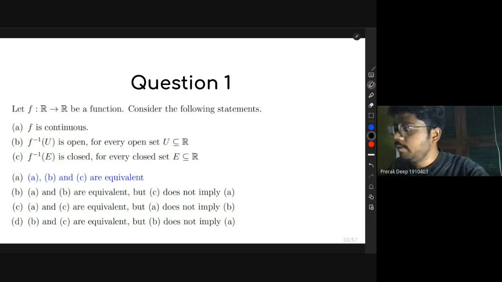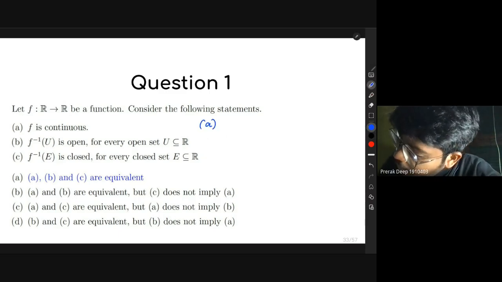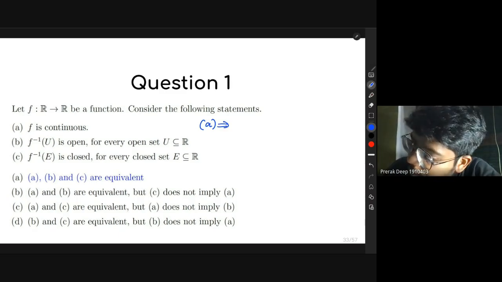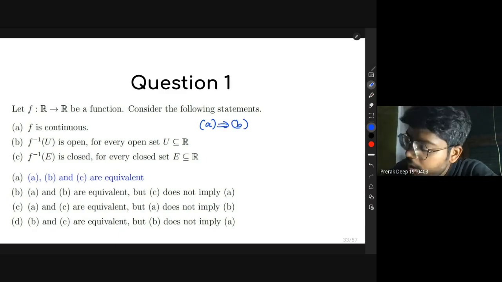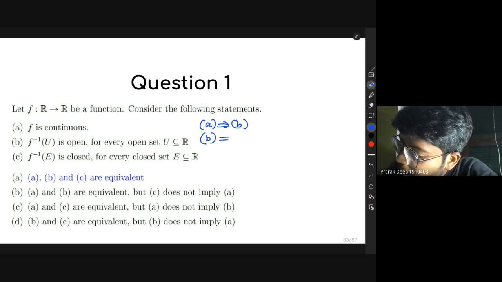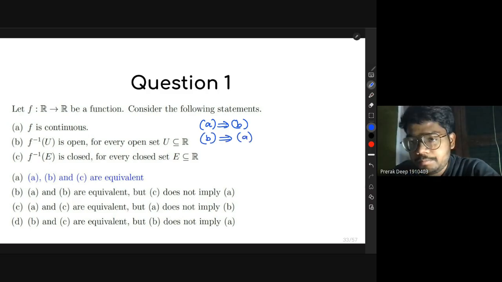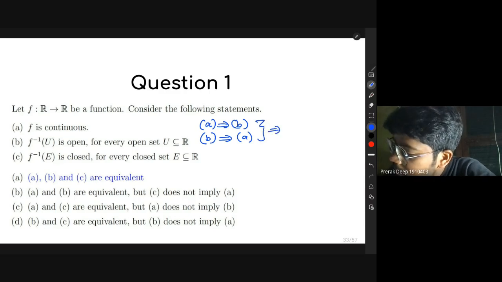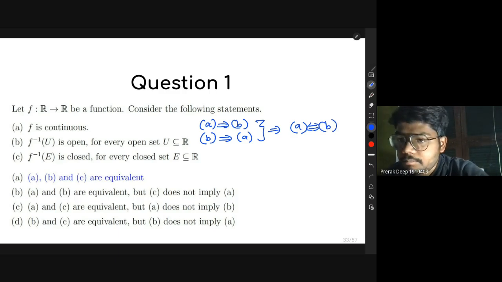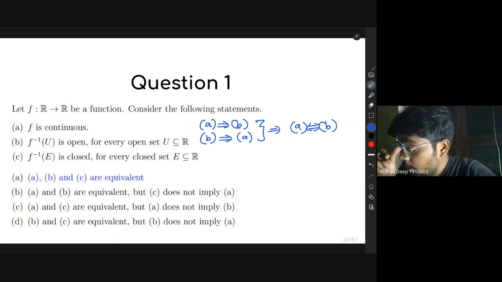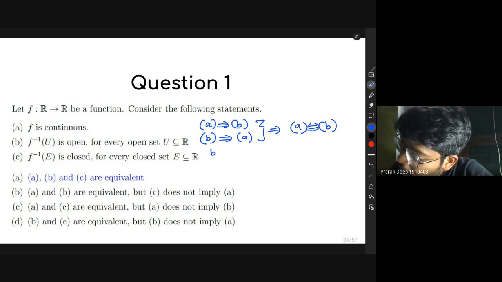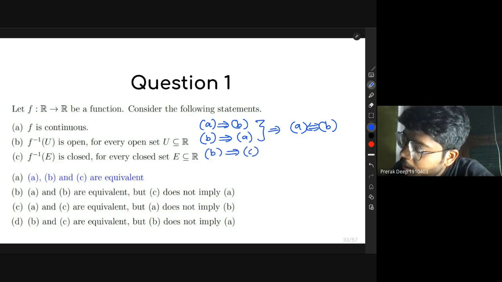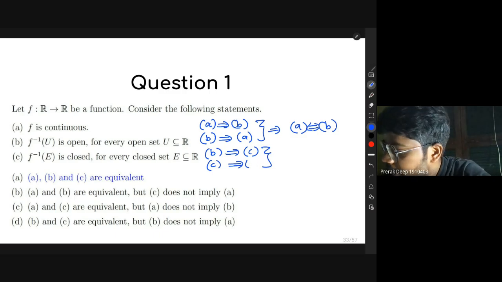What do we mean by equivalent? That if you assume A, you can prove that B is true, and if you assume B is true, you can prove A is true. This implies that A is equivalent to B. Similarly, assuming B, you can say that C is true, and assuming C, you can say B is true.